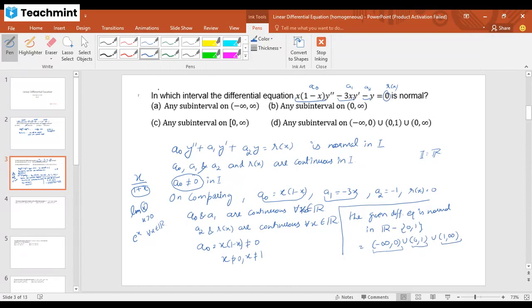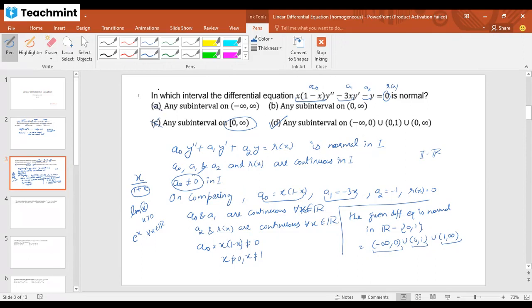So we can say that the differential equation is normal in this interval or any sub interval of this interval. So in this case, the correct answer is option D only. Like in this case, we are given the complete interval. Sometimes we are given the sub interval. Like if this option is not there, if we are given 0 to infinity, then we can opt for this one. But obviously, this is not the correct answer because 0 should not belong to this interval, because if x is equal to 0, then your leading coefficient is 0.